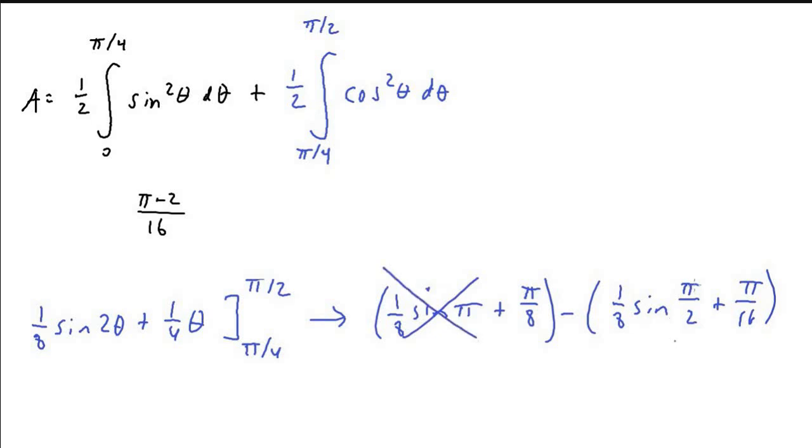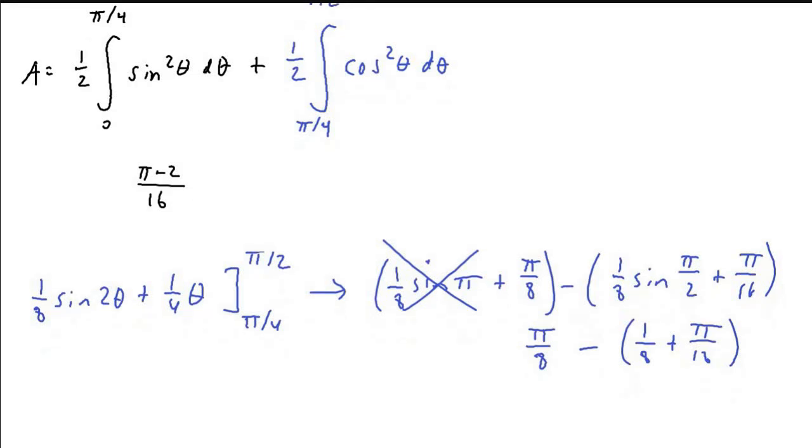Then sine of pi over 2 is 1, and 1 times 1/8 is 1/8. So we get 1/8 plus pi over 16, and then we have pi over 8 minus that. So when I evaluate, we'll get pi over 8 minus 1/8 minus pi over 16.